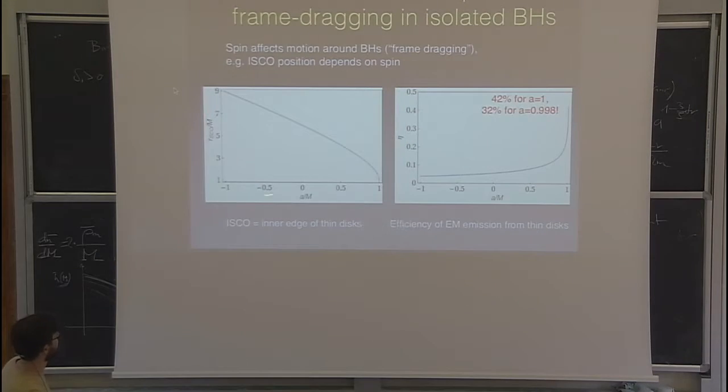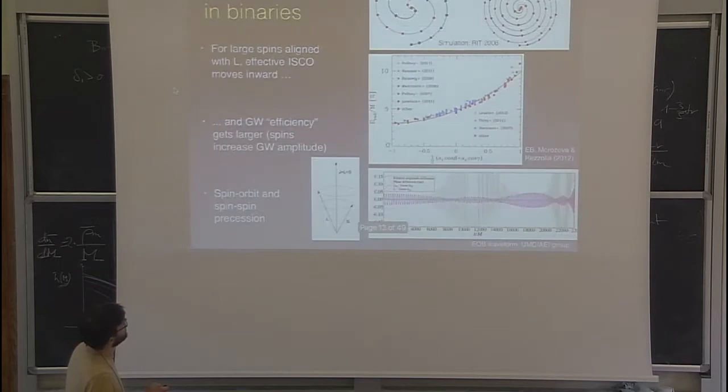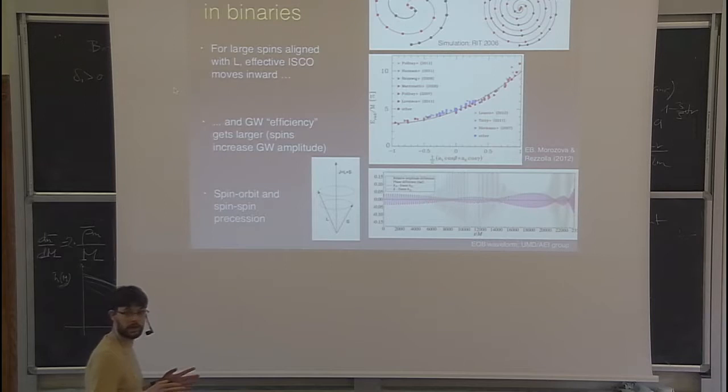Negative spins mean counter-rotation. Sorry, I didn't mention that before. So the spin is counter-aligned with the orbital angular momentum, and this is the case here. Spins are negative in a certain sense, and the binary plunges very early because the effective ISCO of the system lies at very large radii.